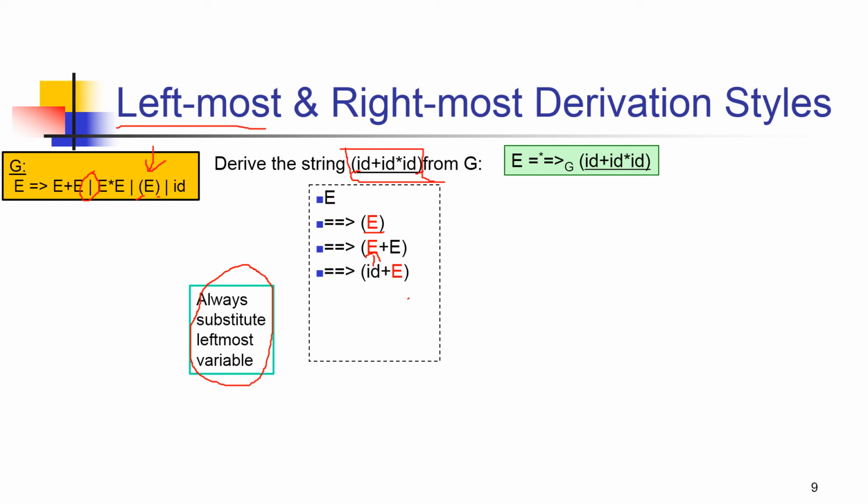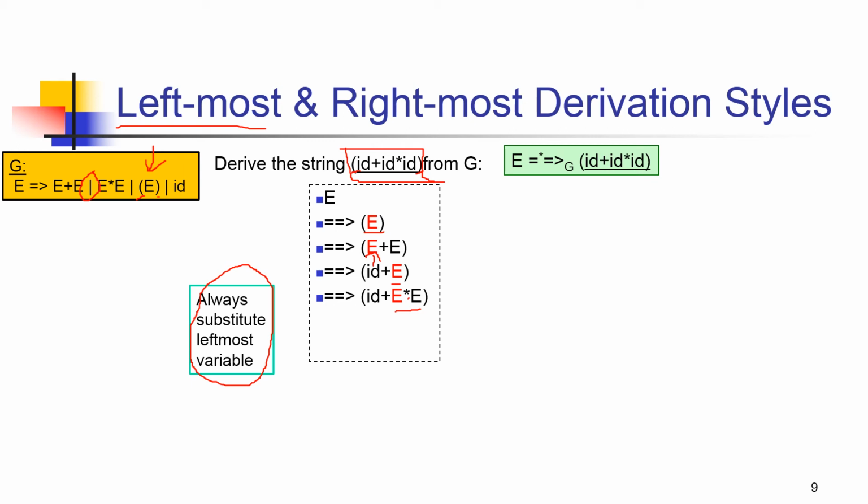Now again I have only one variable left, hence I do not have any choice of leftmost. Hence I am going to substitute this one by E star E. Now again I have two choices, E and E. Which one am I going to pick with respect to my leftmost derivation?